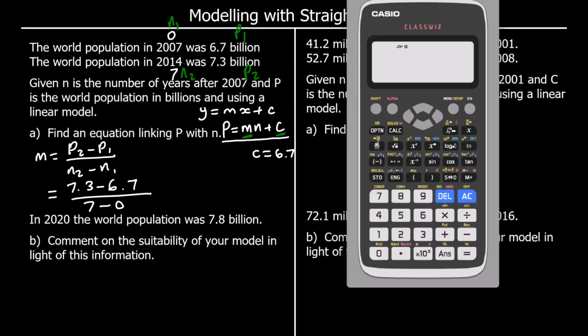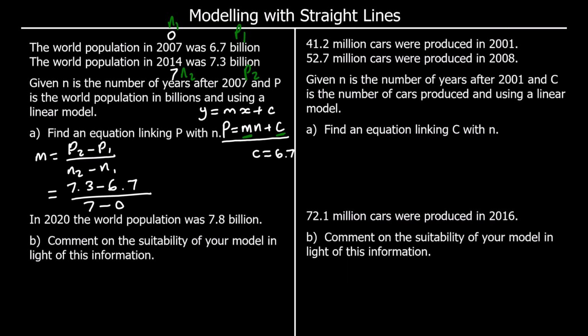Now use the calculator. 7.3 minus 6.7 over 7 minus 0 is 3 over 35. So that's all we need to know. So p is 3 over 35 n plus 6.7.